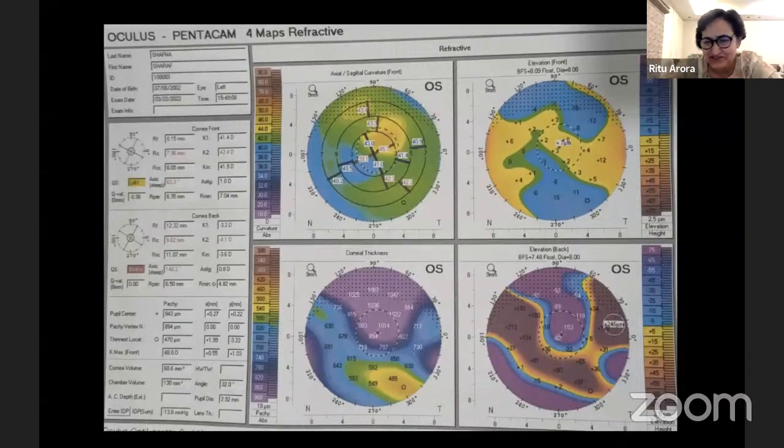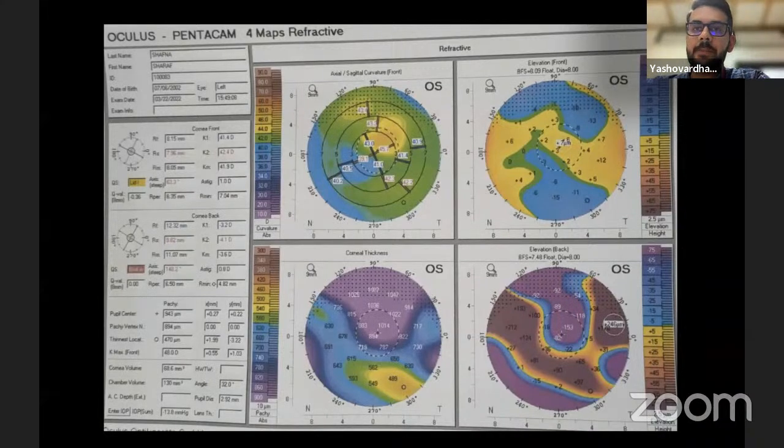What can I do? This is a Pentacam map of the left eye of a patient who is around 20 years of age, and we can see that the K1 value is 41.4 diopter, K2 being 42.4 diopter, and corneal astigmatism of 1 diopter.